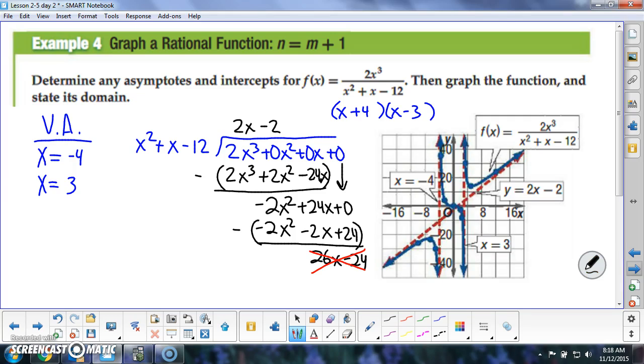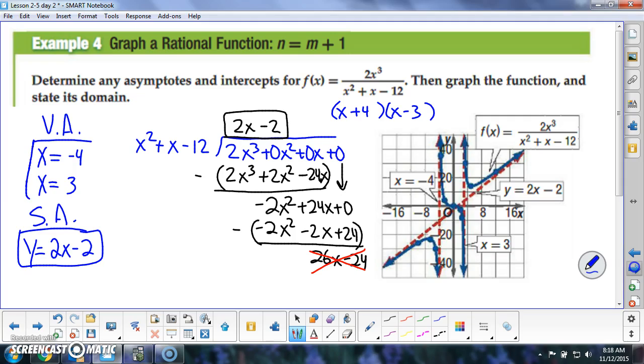We've just found our oblique asymptote right here. So I'm going to say my slant asymptote is y equals 2x minus 2. Okay, so that's how you find your slant asymptote. And you can see this diagonal line is y equals 2x minus 2.